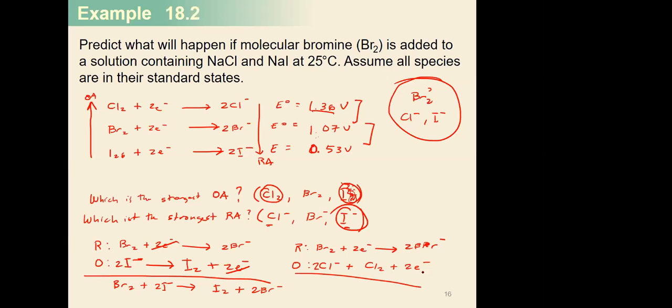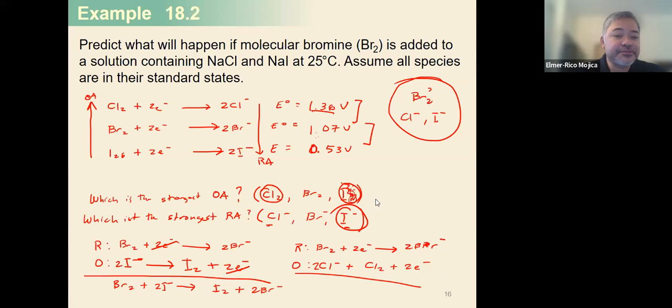But the question is, will this happen spontaneously? Those are the possible two reactions that will happen, but one of them will happen spontaneously and one of them will not. Now the question, will this reaction happen spontaneously? Will you have it like this?